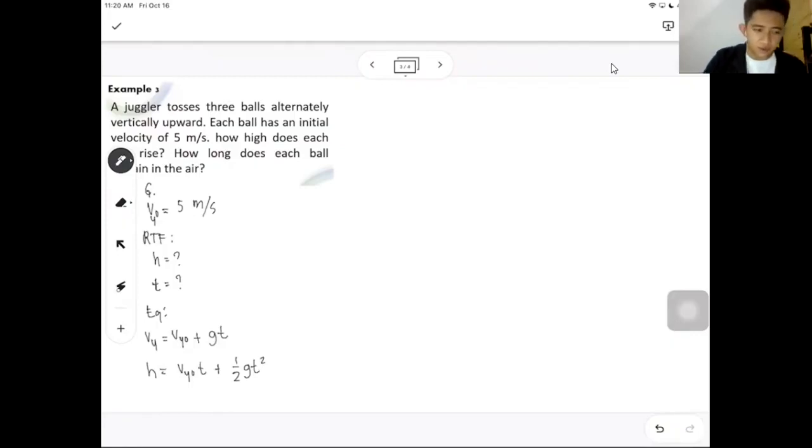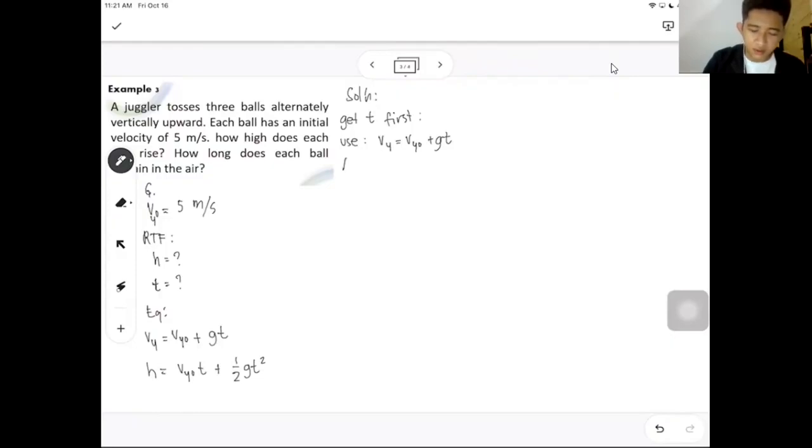So for our solution, we need to get first t. So we use the equation vy is equal to vy sub 0 plus gt, so that we can use the time on the second equation that we have.